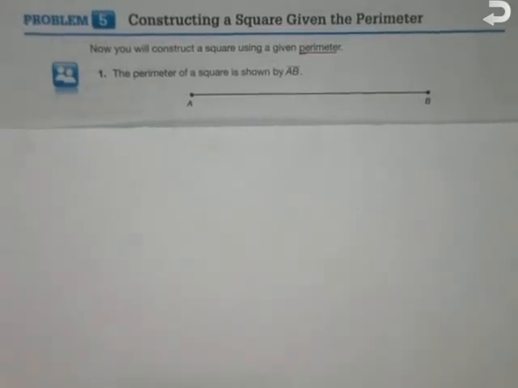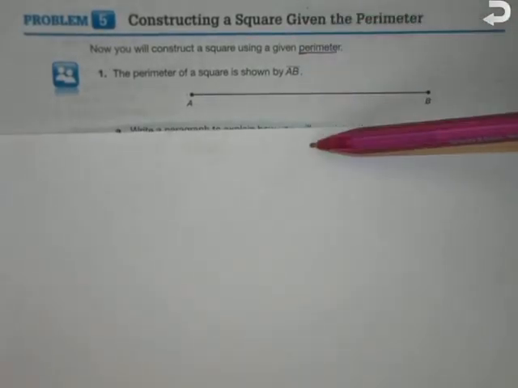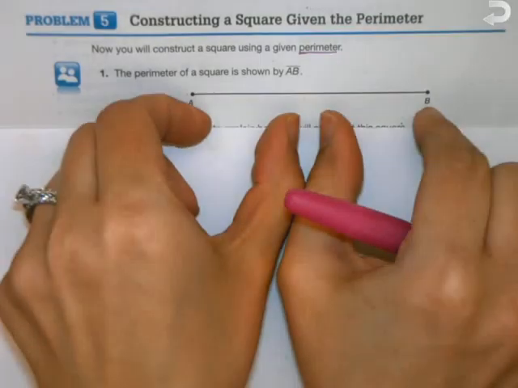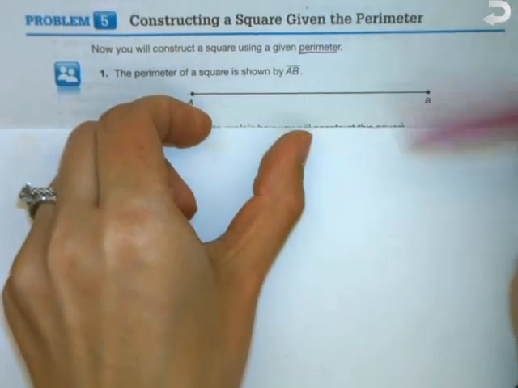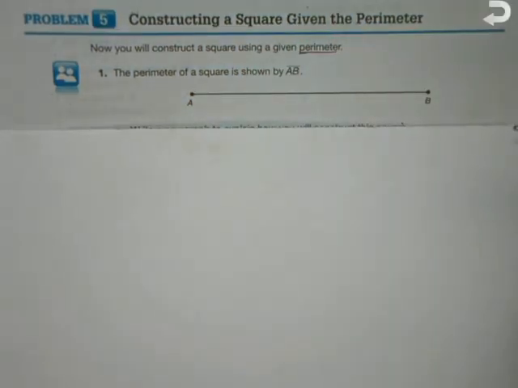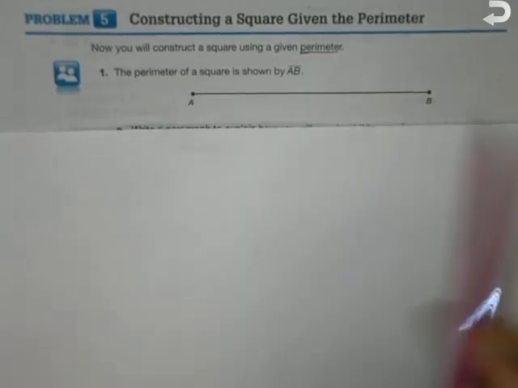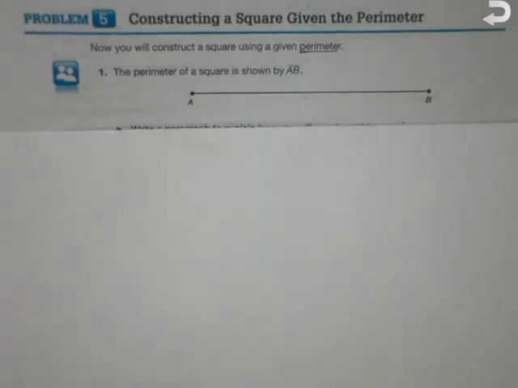Yeah, if we do a bisector down the middle, that's going to give us two equal sides, but we need how many? So what else would we do? Do it again. So we're going to make four sides, cut this entire perimeter into four, and then we're going to construct or duplicate that smaller line segment all the way around. So here are your steps.